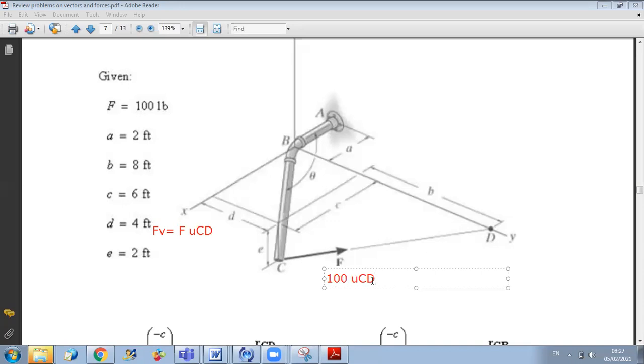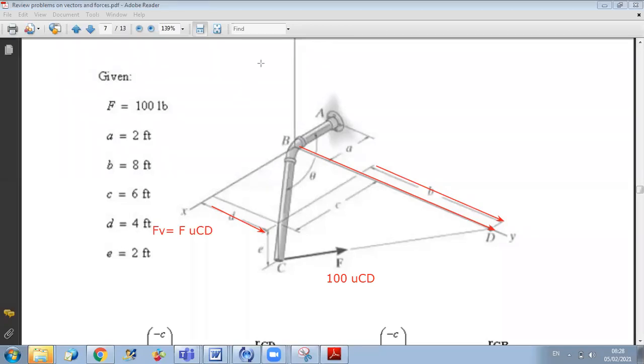You are able to find the unit vector of CD by calculating the coordinates of C and D. For example, here D is on the y-axis, so it only has a y component. The y component is the total length here, which is D plus B. For point C, you follow the dashed lines here.